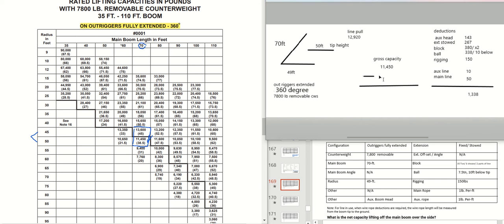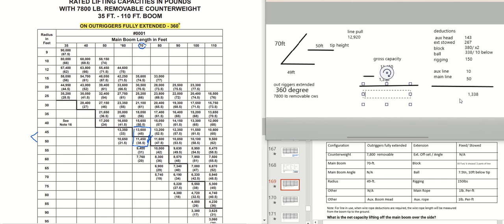So now we're going to go ahead and add our deductions over here. 1,338. So we have 11,450 minus 1,338 equals 10,112.